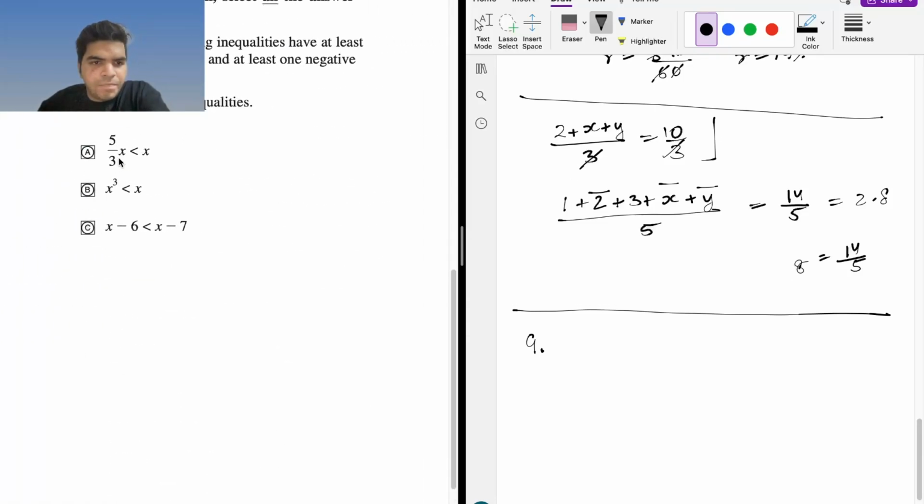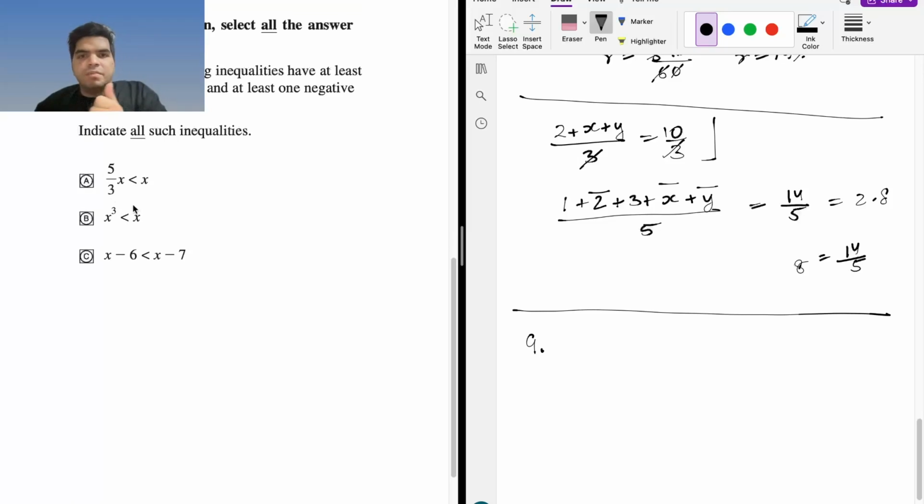Basically, without contradicting the logic of the question, you have to come up with the inequalities which can have both positive and negative values. So x is taking a positive value as well as a negative value, and the inequality is still holding true. So 5 by 3 x is less than x. See, in this part, we will have a problem actually.